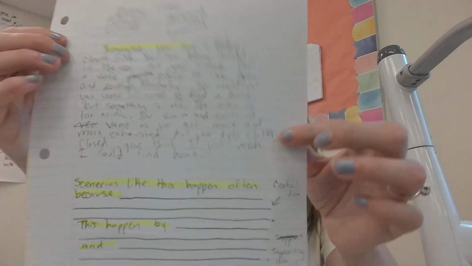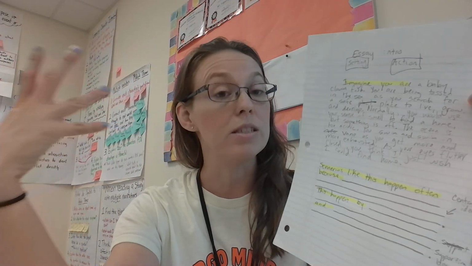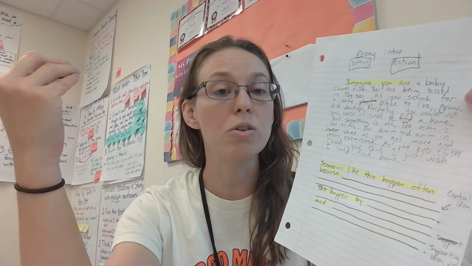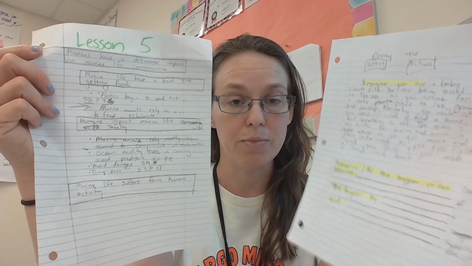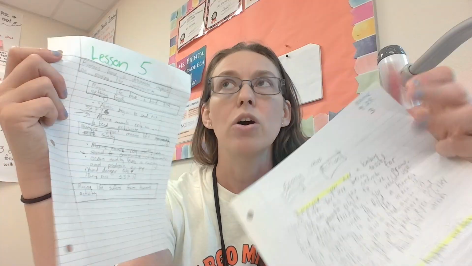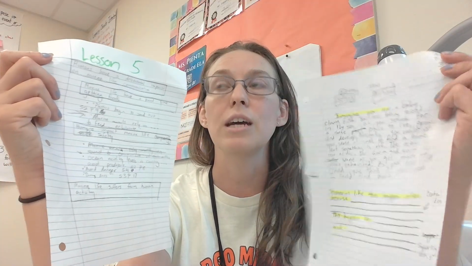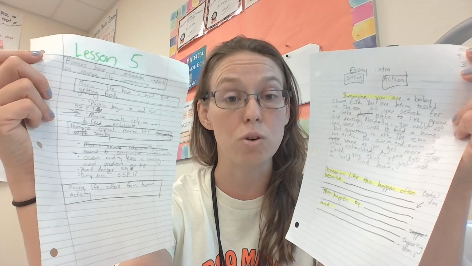In order to figure out what kind of scenario or what kind of story you want to tell, it might be good for you to look back at your box and bullet plan. Your pieces of evidence might be good examples of things you could turn into a story.